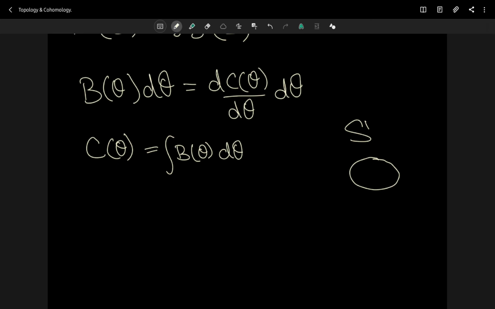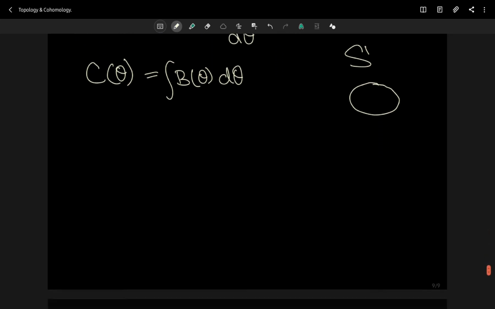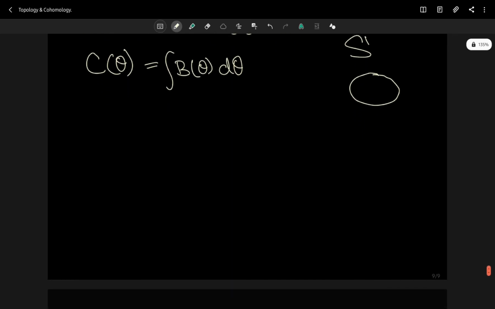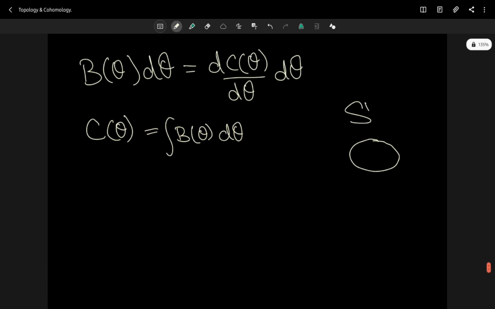So what we could do over here is expand b of theta in a Fourier series, because in a Fourier series we have sines and cosines, which are periodic functions, and we will see what happens. So we will expand our b of theta in a Fourier series.